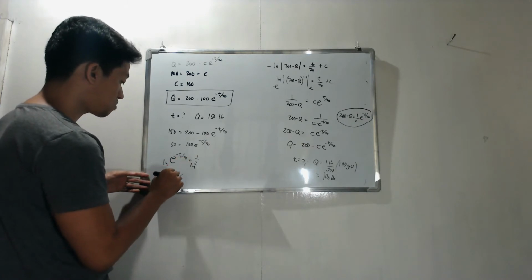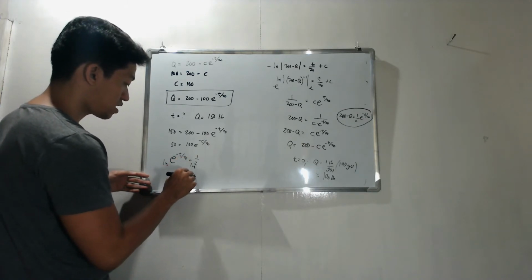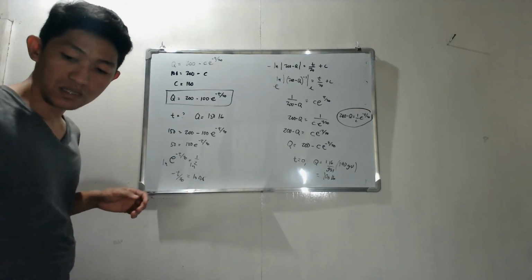Therefore, negative t over 20 equals ln of 0.5.